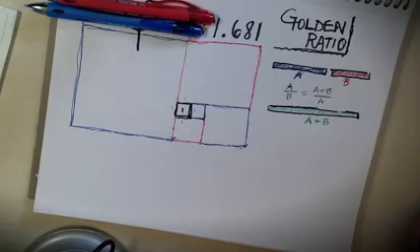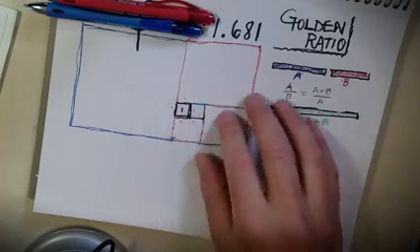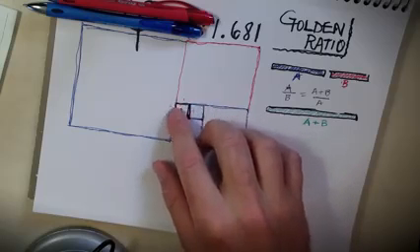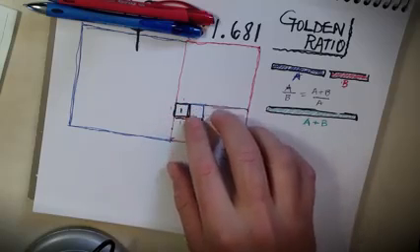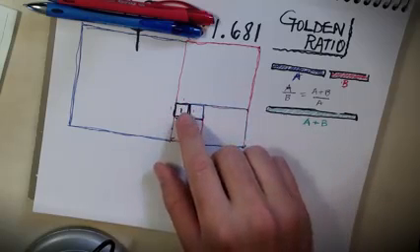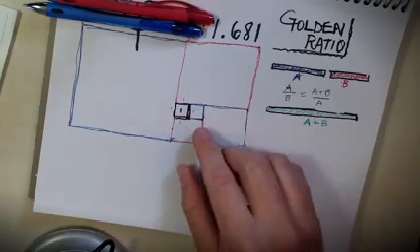So this is going to be the Fibonacci sequence based on the golden ratio. The Fibonacci sequence is a series in which each number is the sum of the previous two numbers. So we start at 0 or 1.